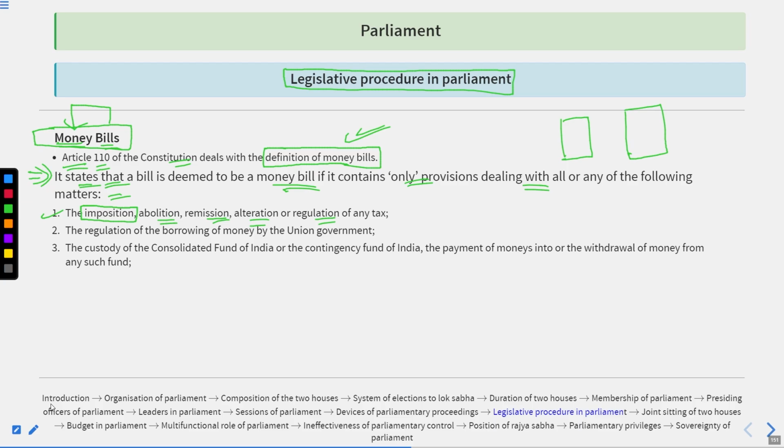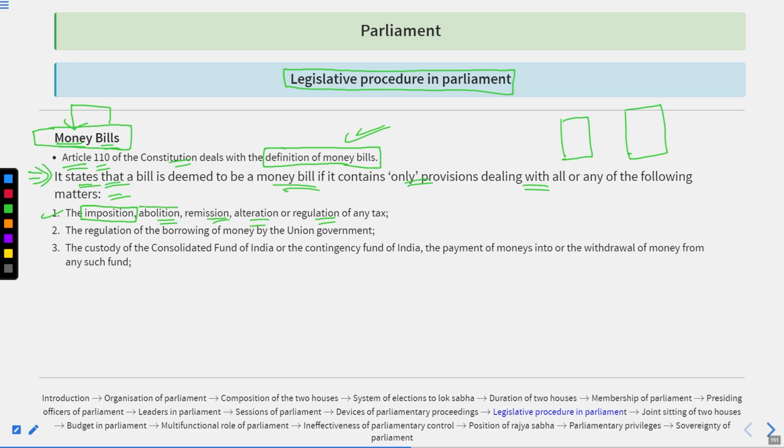Rupees 110. 100 is the base price and 10 rupees is the tax. So this 10% tax that the government has introduced for the first time comes under the definition of imposition. It means previously that kind of tax was not in existence, but the government later on introduced this tax. This is an example of imposition.